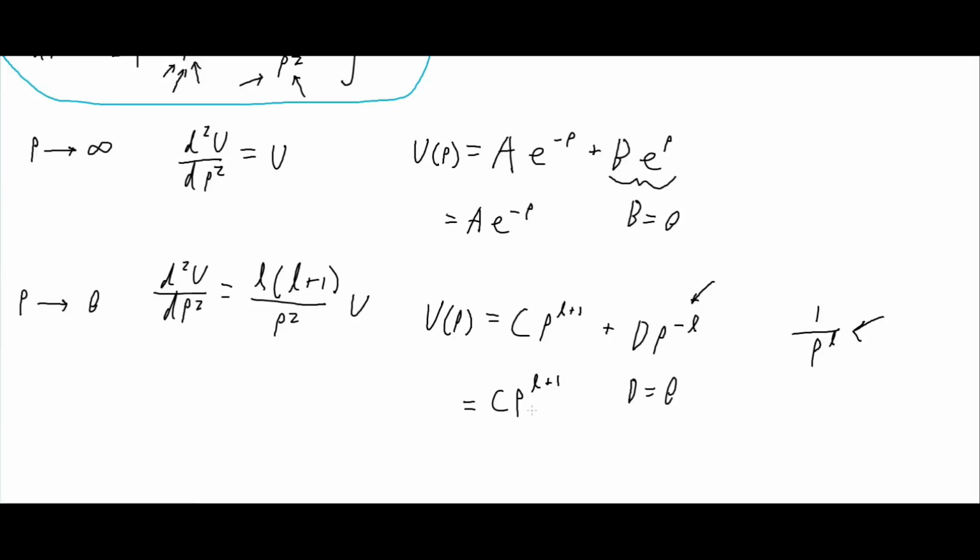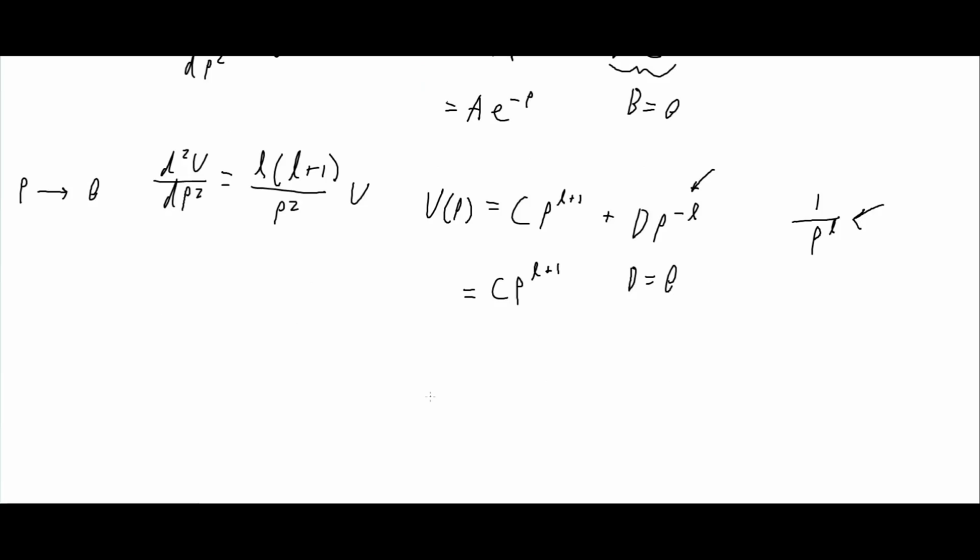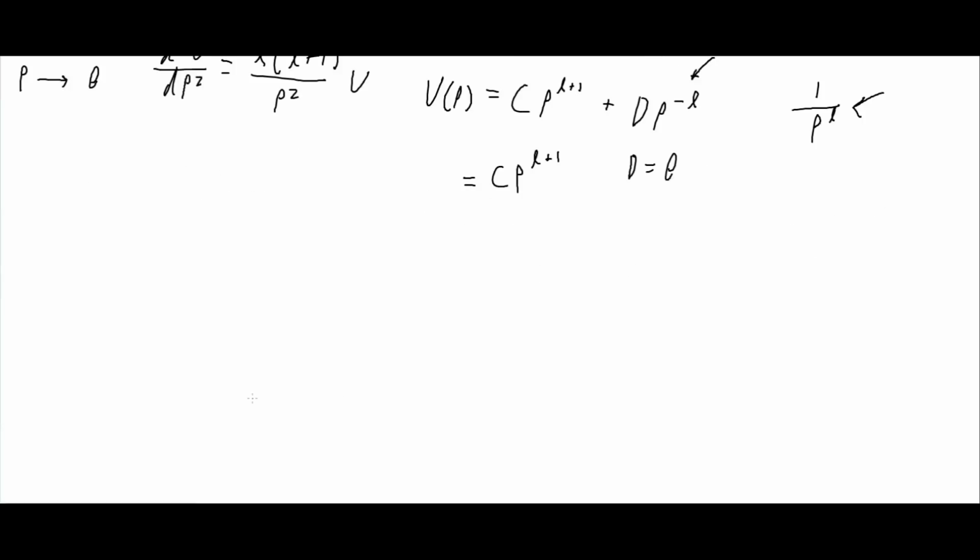And so what we're saying is that this e to the minus rho and this rho to the L plus 1 is our asymptotic behavior. And so we have our e to the minus rho times our rho to the L plus 1 as our asymptotic behavior, and so we have our u, which is a function of rho, equal to that.